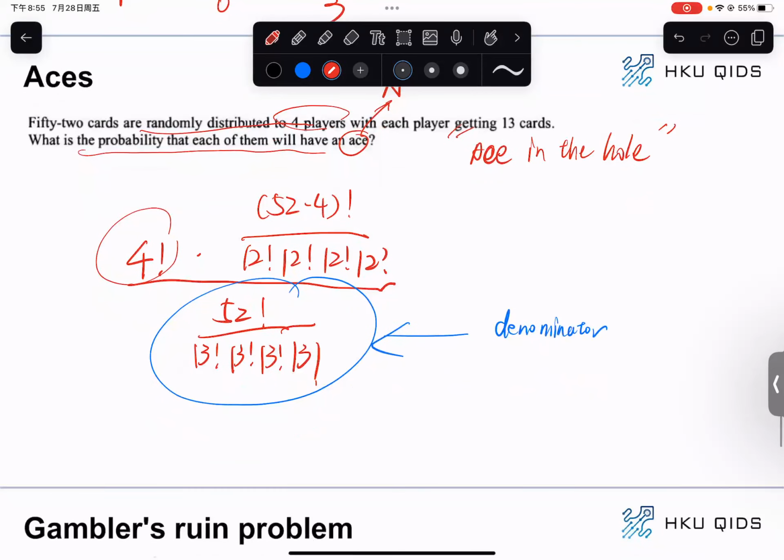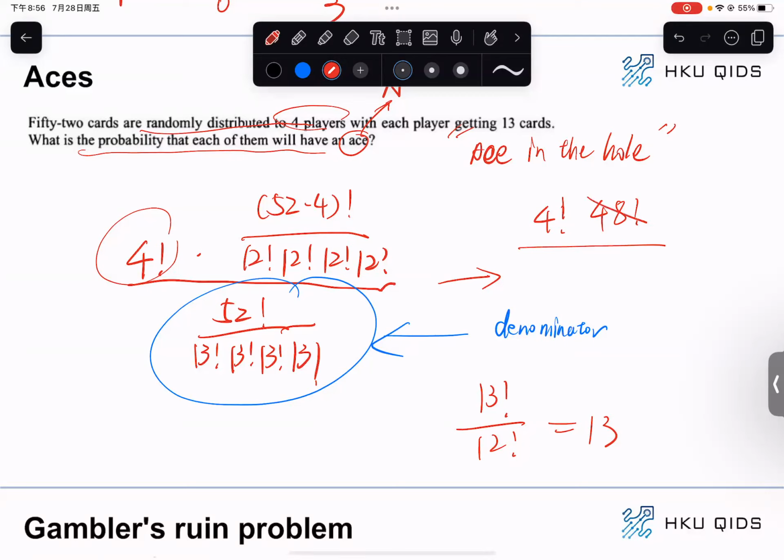And this is actually easy to solve. So we have 4 factorial and 48 factorial. And we know that 13 factorial over 12 factorial is equal to 13, right? So if we multiply that, we can cancel this out. This is 52 multiplied by 51 multiplied by 50 multiplied by 49, right?